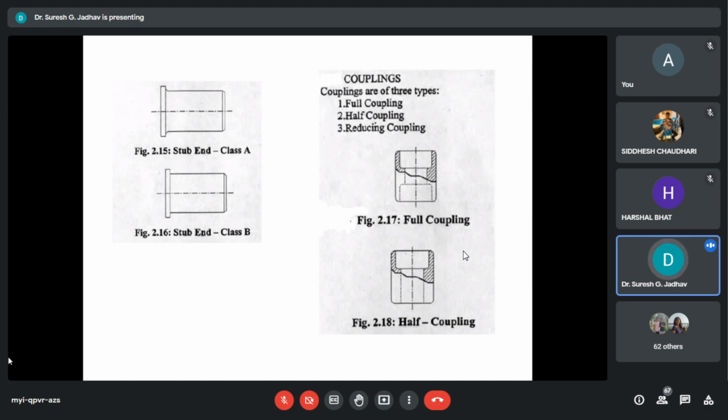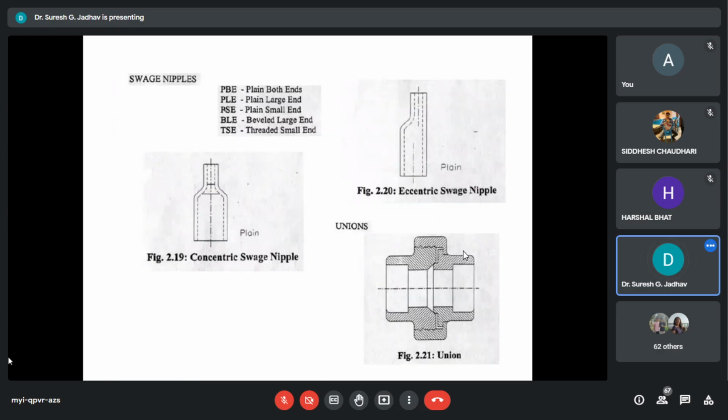For this purpose, we will use reducing couplings. So here, couplings are used to connect small bore pipes, and we can connect different kinds of couplings. So here, swage nipples.